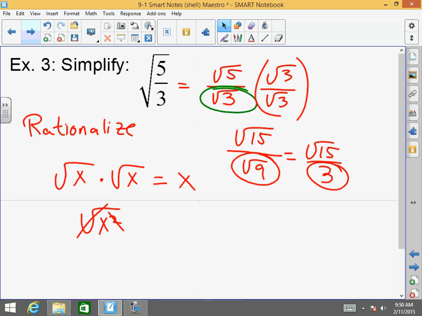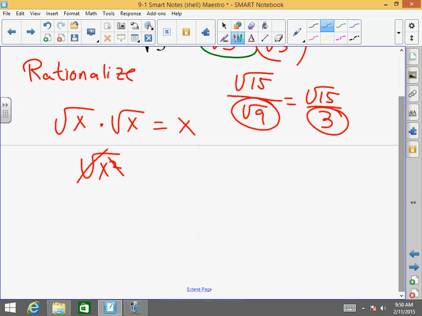Here's where it gets a little bit tough. Let's just say I had a cube root of 2 over a cube root of 5. In this particular case, in this cube root of 5, how many 5's do I need to pull 1 5 out? You need 3. How many 5's do I have right now?